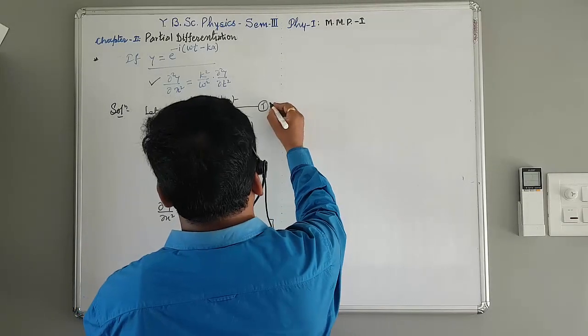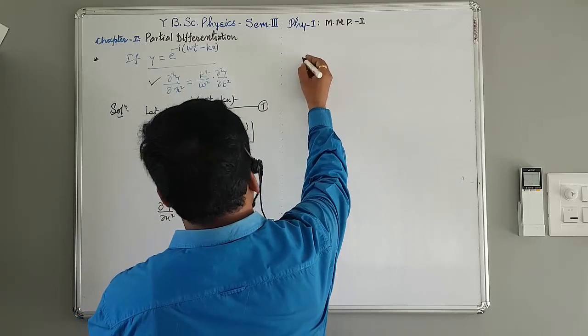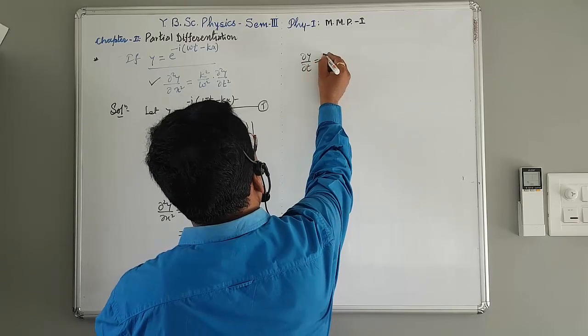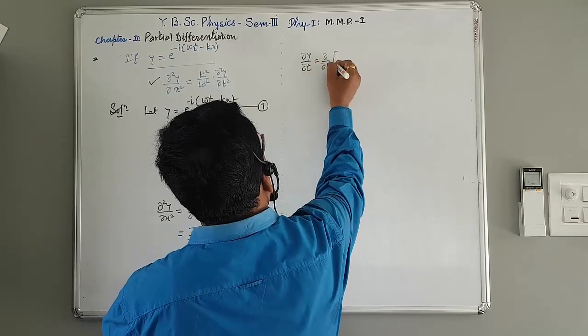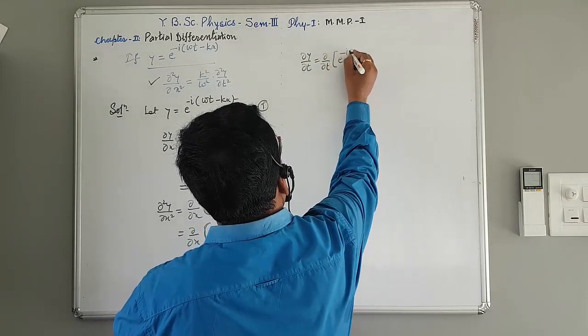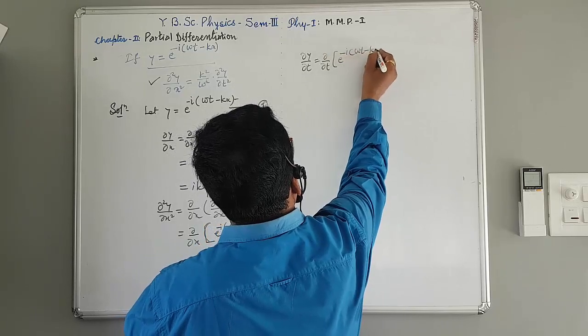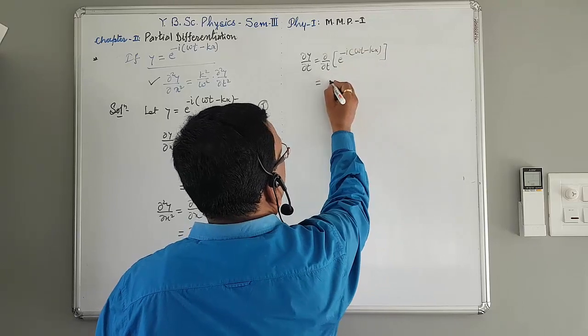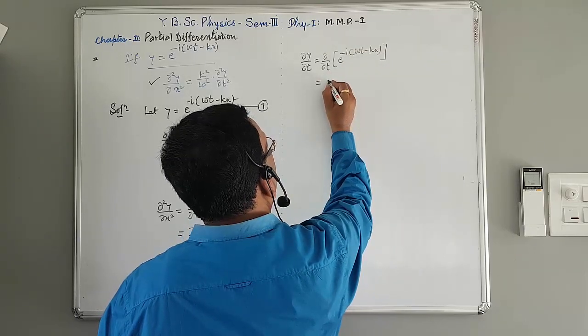In the similar way, differentiate equation 1 with respect to t, we have ∂y/∂t is equal to ∂/∂t of the given function e^(−(iωt − kx)). Again differentiate this equation in the usual method.